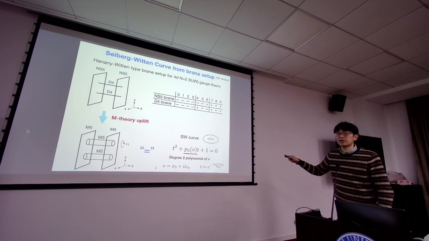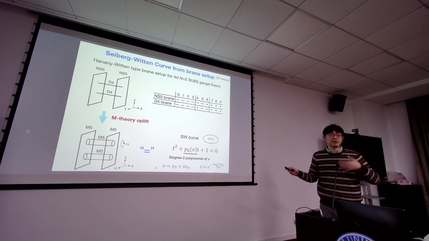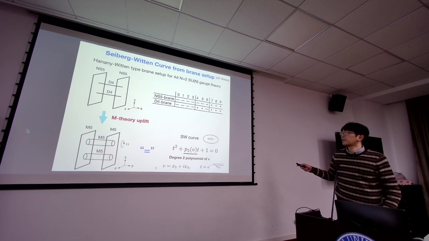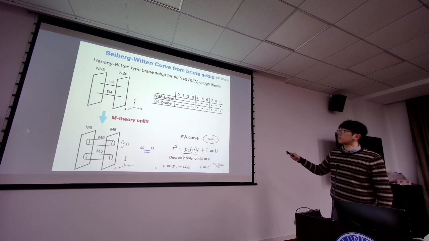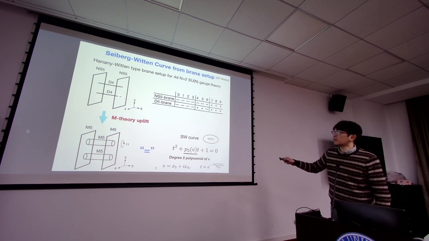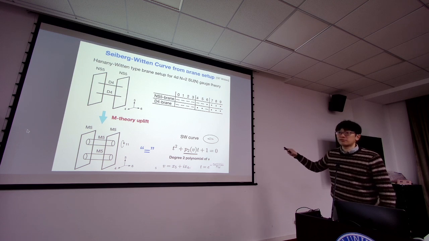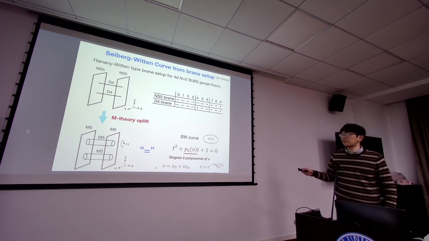A bar is the direction of extension, and a dot is the direction of not extending, like localization. To construct such a theory, we consider 2 NS5 branes and N D4 branes suspended between the 2 NS5 branes, which describes SU(N) gauge theory. This is the Hanany-Witten type brane setup.